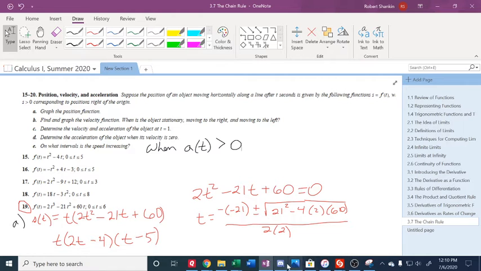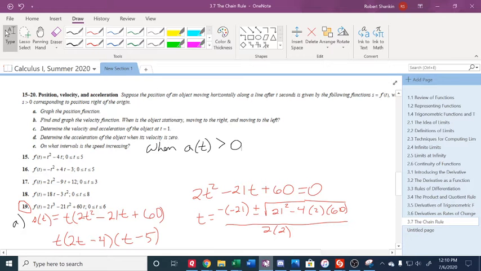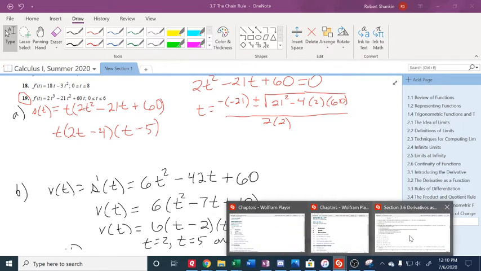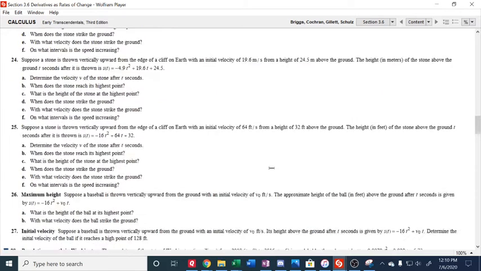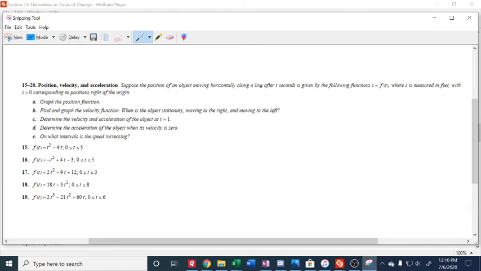Other question was 29. Let's look at that. Average marginal cost. So let's go to the snipping tool.